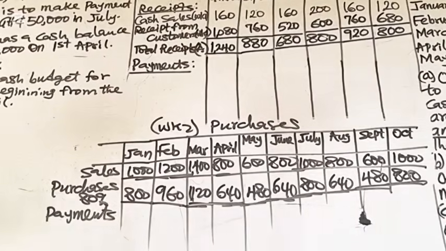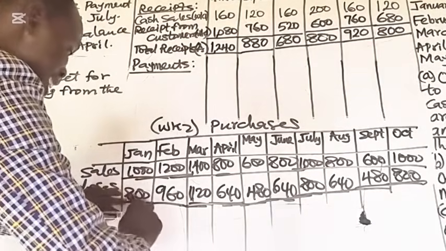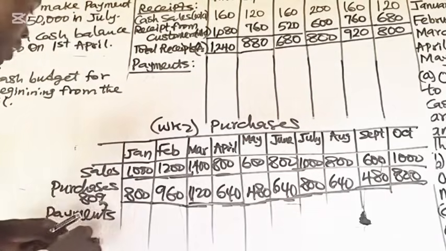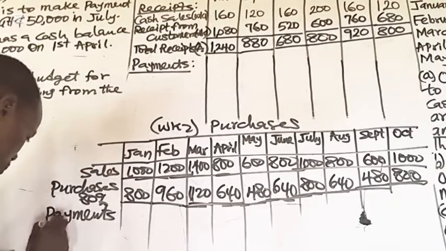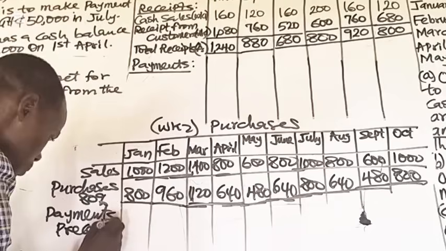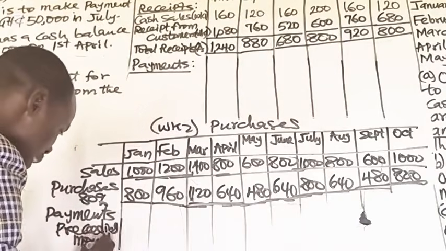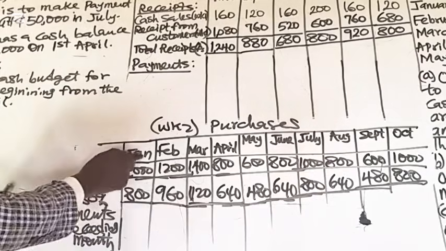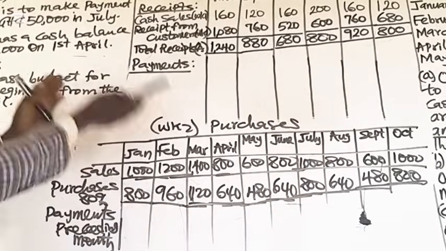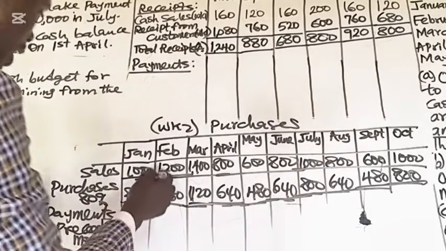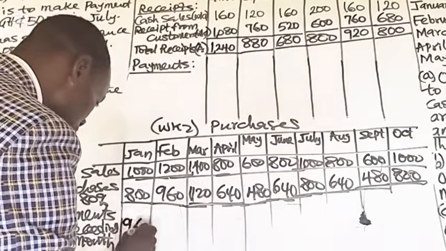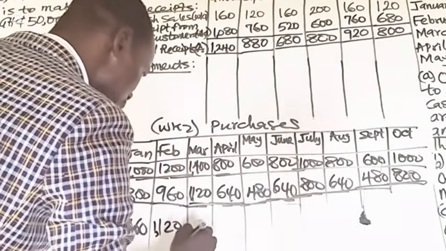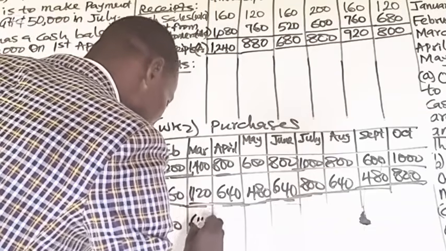Now, the amount recorded against each of the months is the 80% of sales made for that very month. Preceding month, preceding means before. So it means the purchases that were made in January would have been paid for in December of the previous year. The purchase in February will be paid in January. The purchase in March will be paid in February. That is preceding month. That of April will be paid in March, 640.